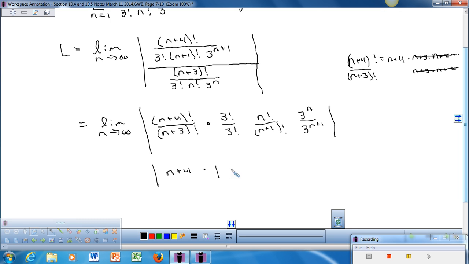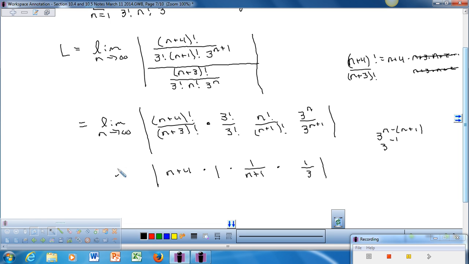Lovely, 1. What am I going to get when I have n factorial over (n plus 1) factorial? 1 over n plus 1. I will warn you, be careful about managing your factorials, because sometimes we end up with things like (2n plus 2) factorial. So just be careful. And finally, this ends up being 3 to the n minus (n plus 1), which gives us 3 to the negative 1, which is 1 over 3.